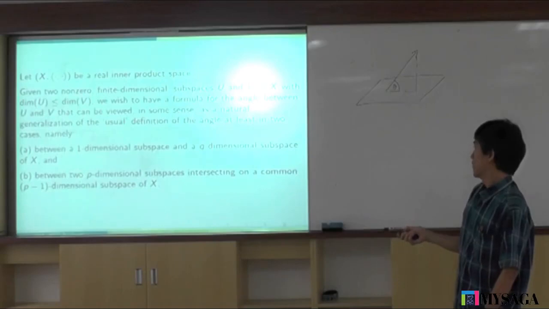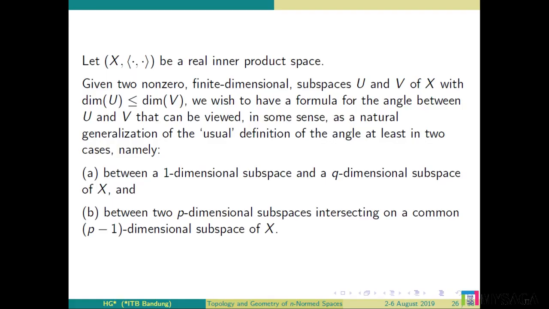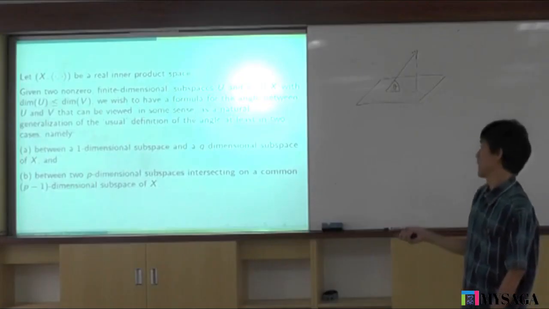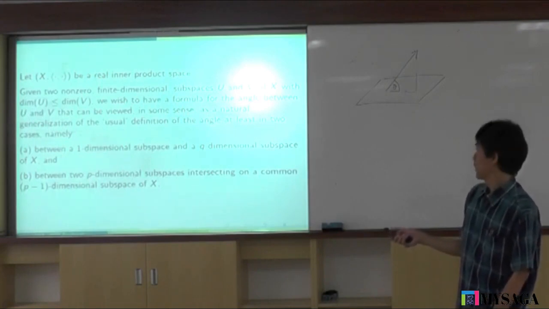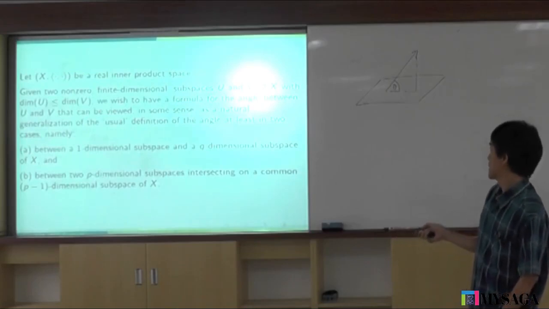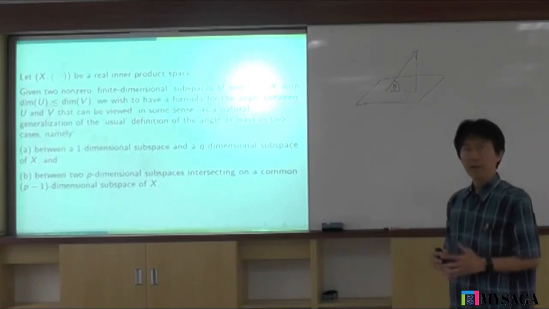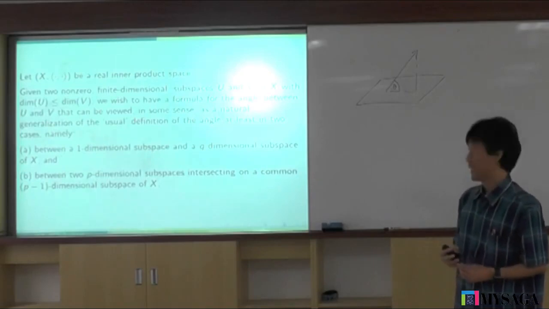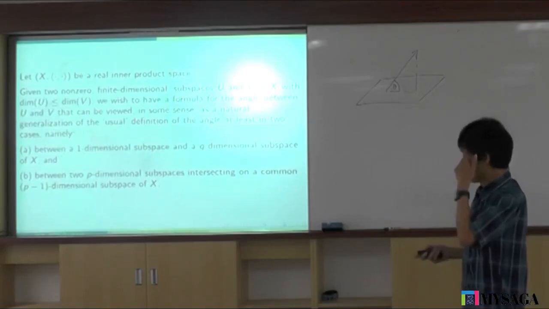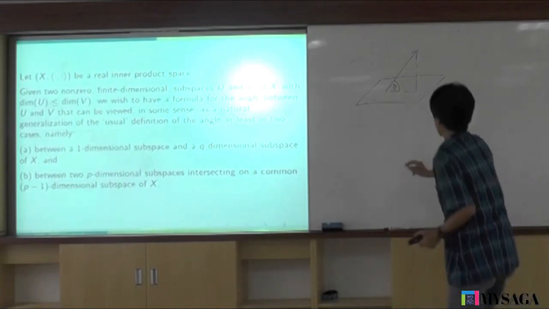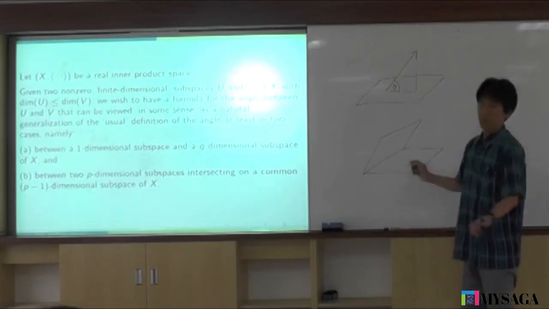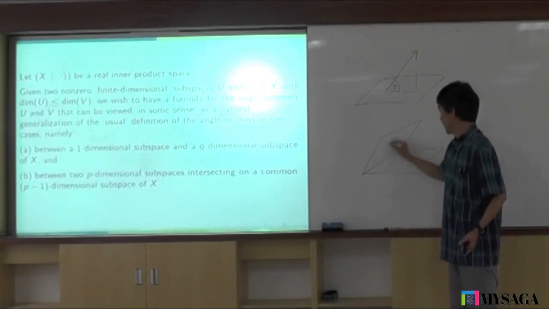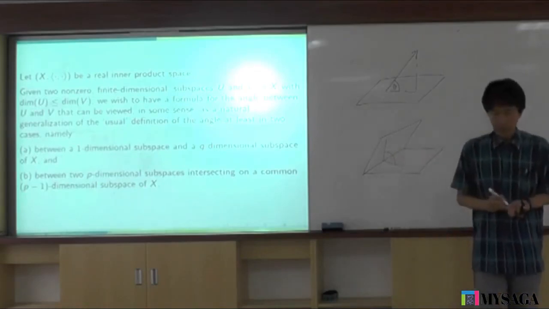We discussed the angle between two n-dimensional subspaces at that time, but now we change n to p, so between two p-dimensional subspaces intersecting on a common subspace of dimension p-1. For illustration, you can think of computing the angle between two planes in R^3.